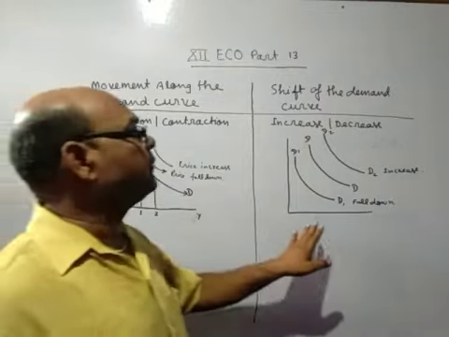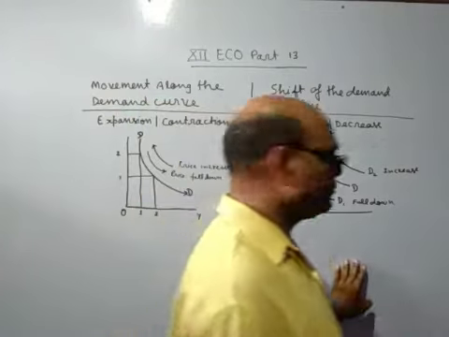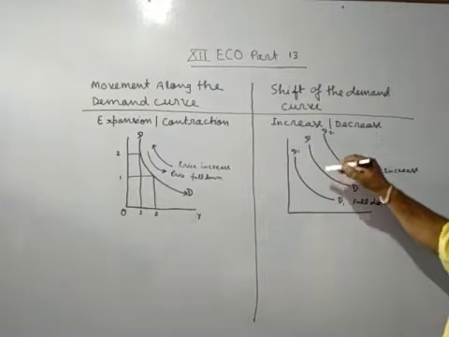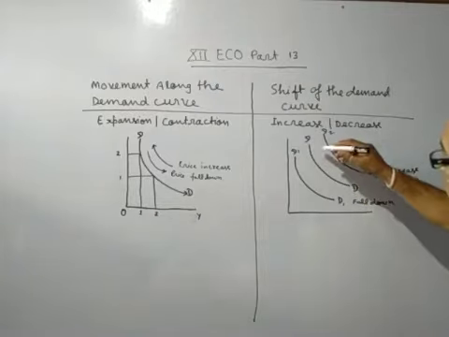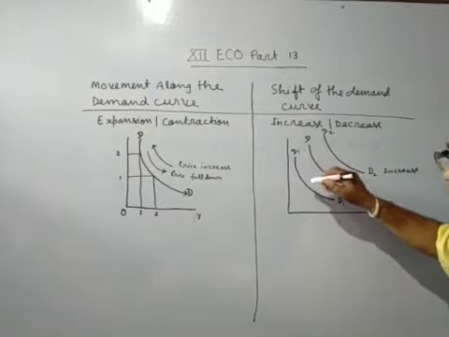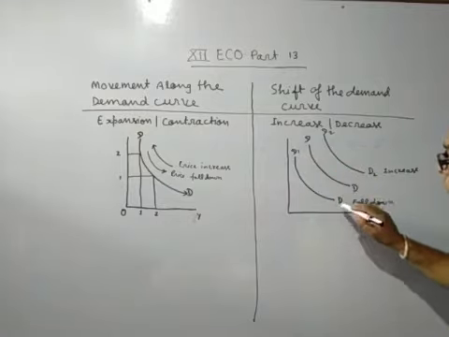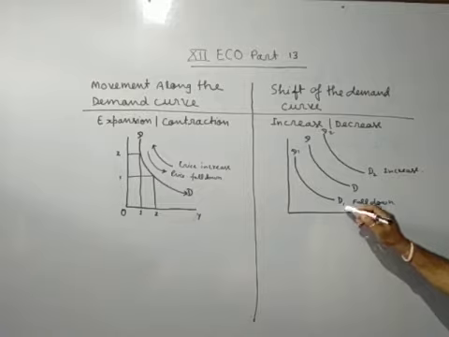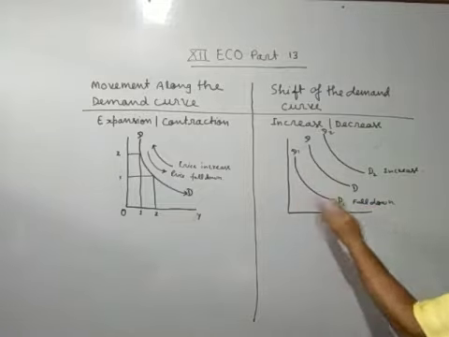But in the case of shift of demand curve, here a new demand curve will be created. If the demand decreases, D1, a new demand curve will be created on the left hand side.